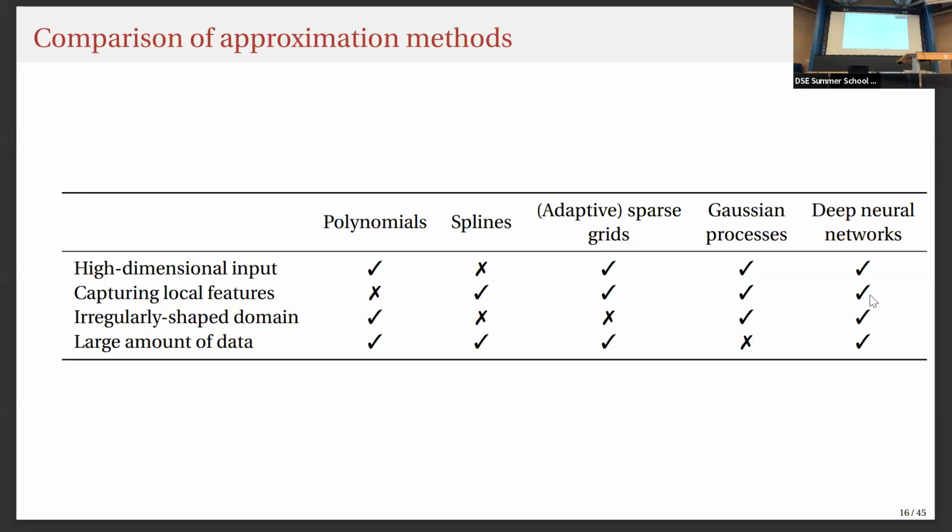But if the domain is somewhat irregular, depending on the problem you're working with, then those grid-based methods may be more challenging. And also the amount of data. As I mentioned earlier, if generating any training sample is really expensive, then you're probably better off using something like the Gaussian process rather than the deep neural nets.